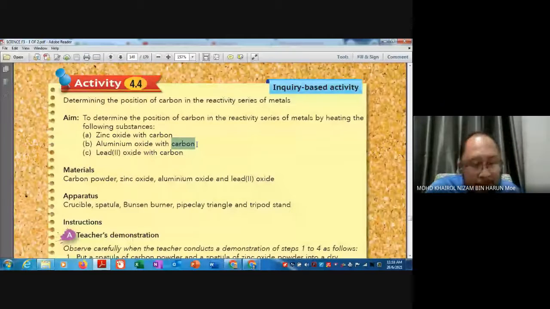That is the concept that you have to understand based on this experiment.